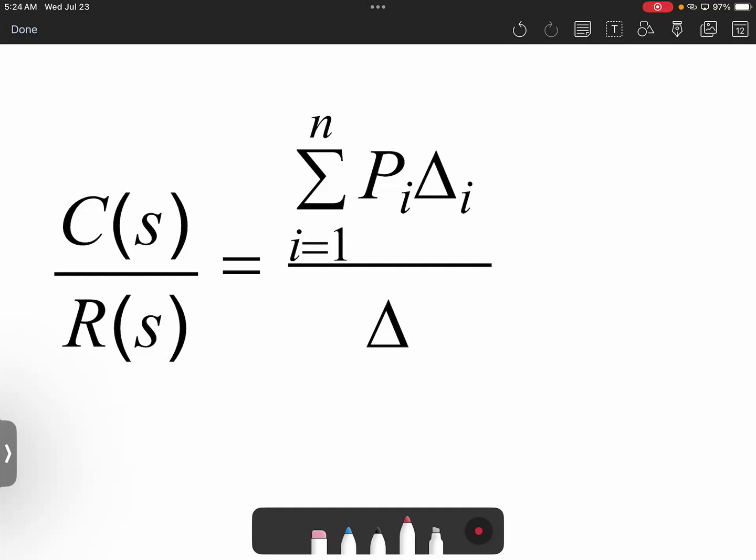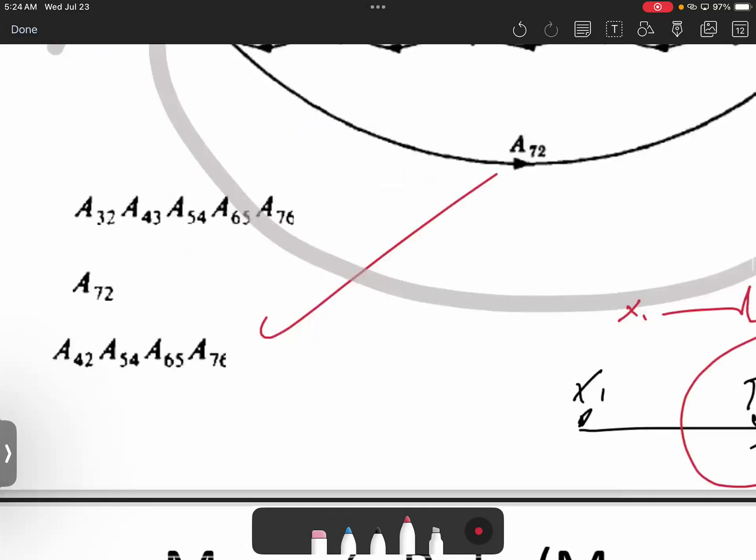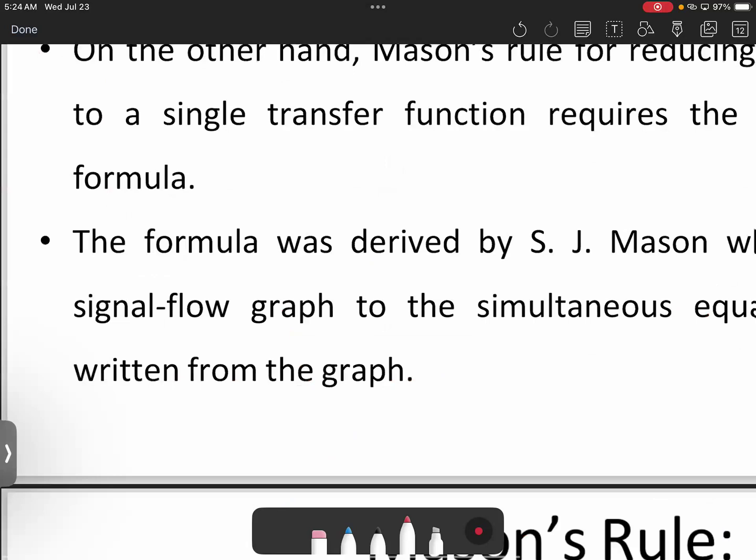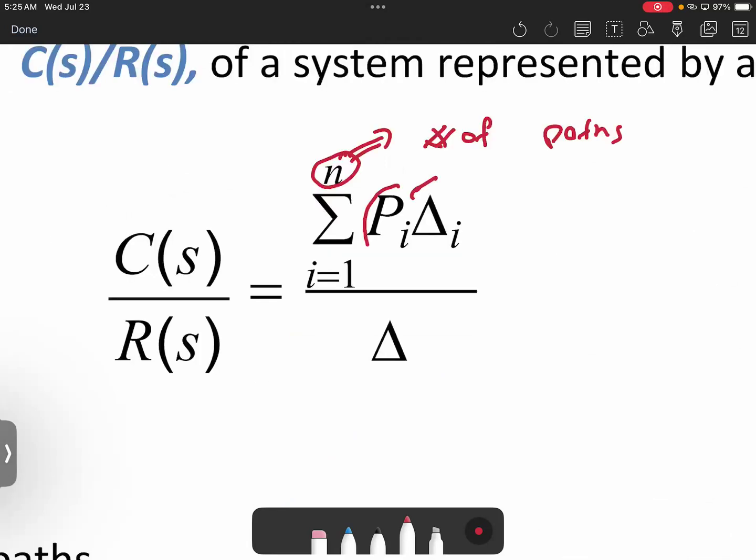What are those values? First, i goes from 1 to n. What's n? The number of paths. Do you remember in the previous example, the number of paths was 3? So here it would be from 1 to 3. How about P_i? P_i means path gain.